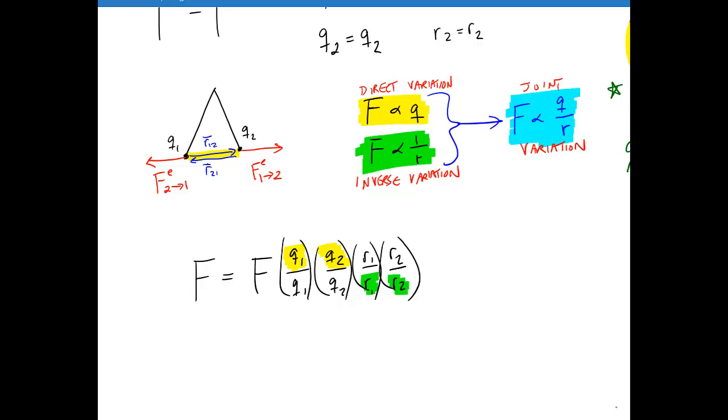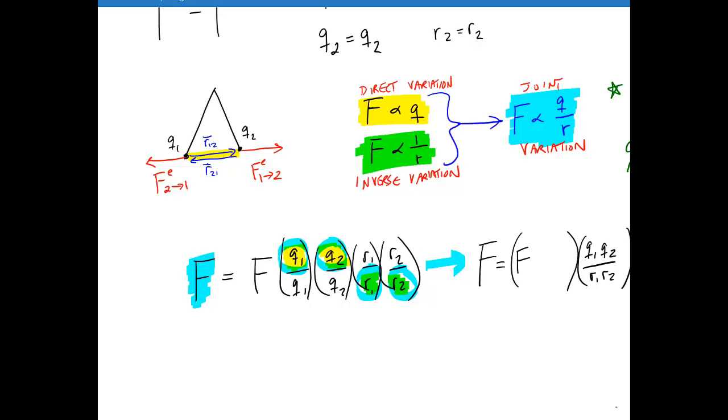And so if we're going to bundle these up together, force is going to be connected to those things jointly, all right? And that would prompt us to do some rearranging. So force would be equal to, and we're going to have some stuff to put here and some stuff to put there. I'm going to put the two charges together there and the two distances together there.